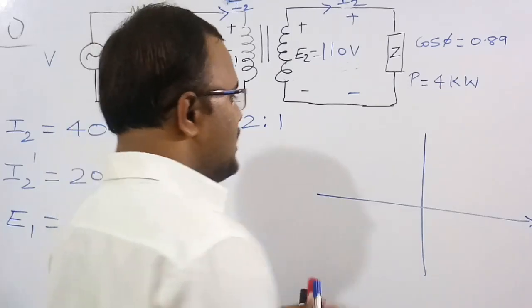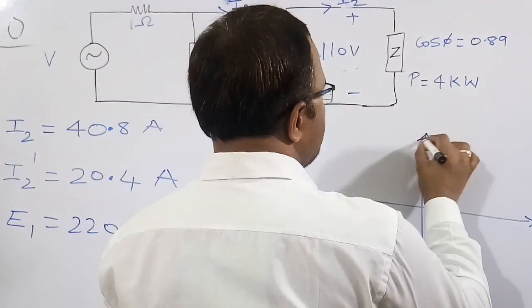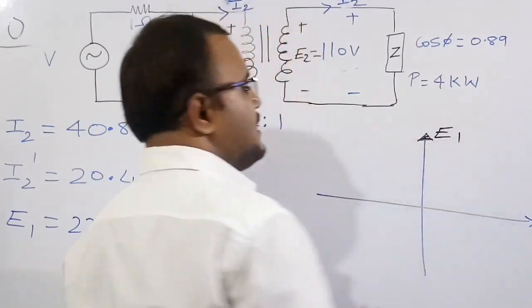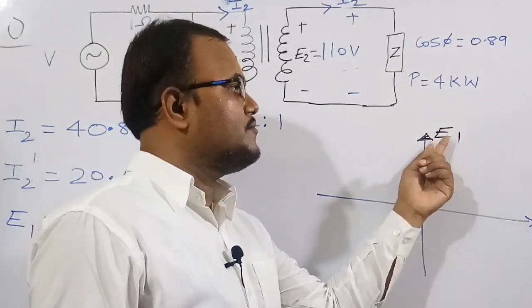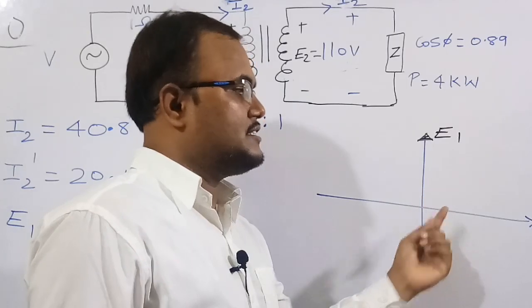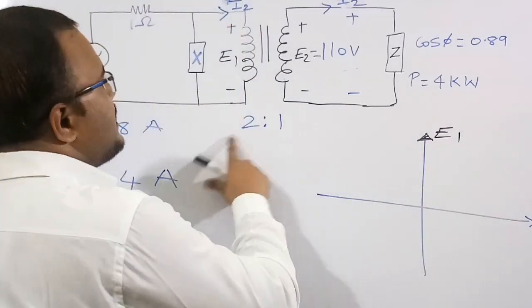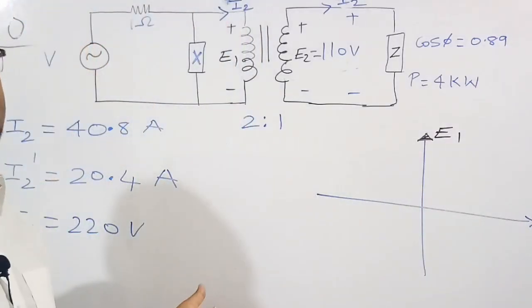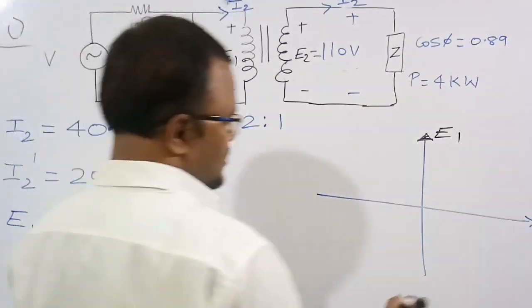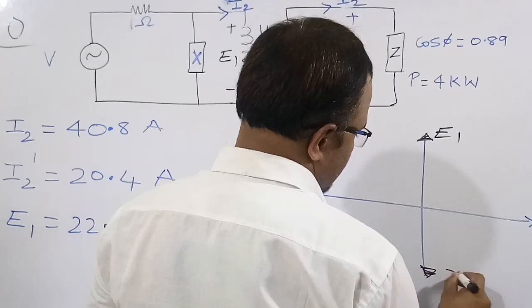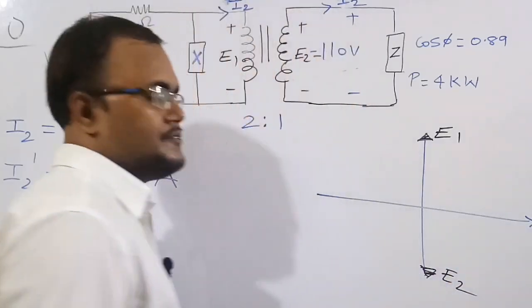So this is E1, which leads the flux in the core by 90 degrees. E1 and E2 will always oppose each other. So this will be the E2 direction.